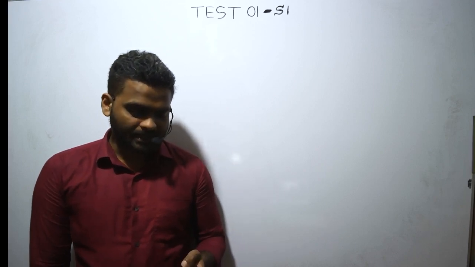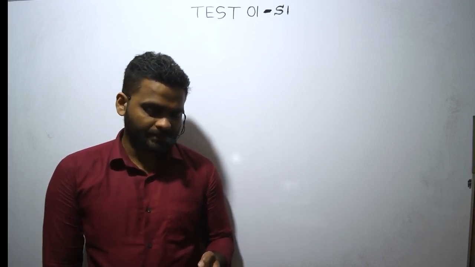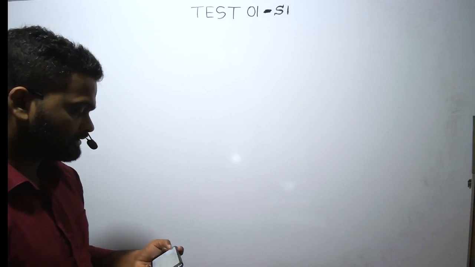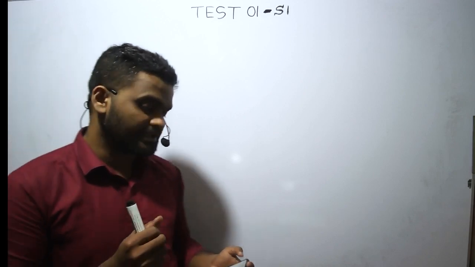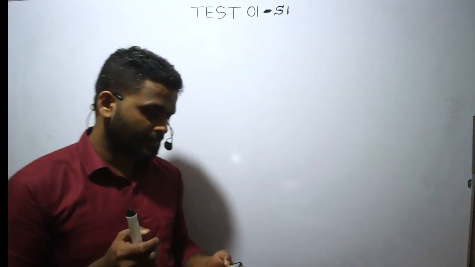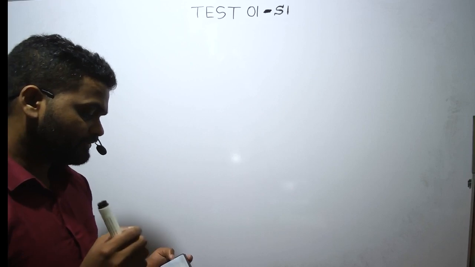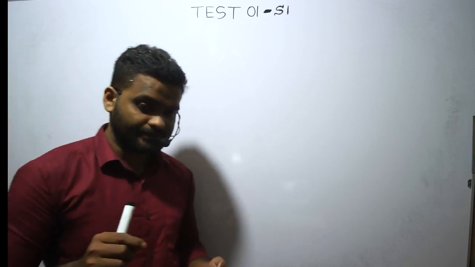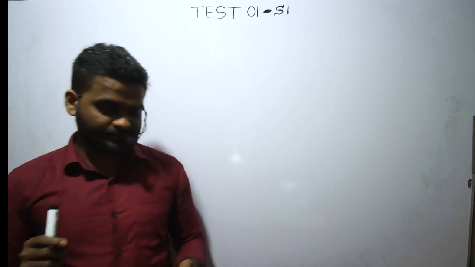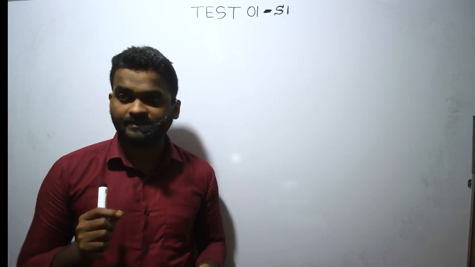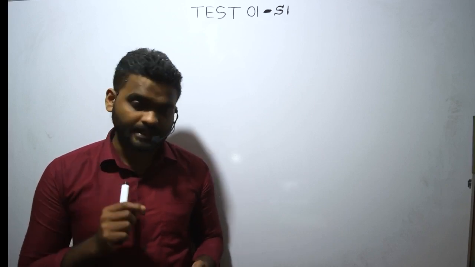Eighth question. A particle in simple harmonic motion has a speed of 5 centimeters per second when displacement is 12 centimeters. When displacement is 5 centimeters, velocity is 12 centimeters per second. Amplitude in centimeters is?